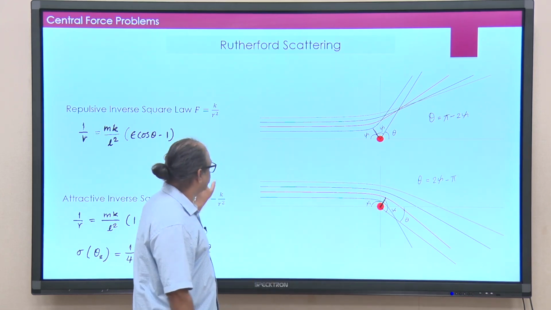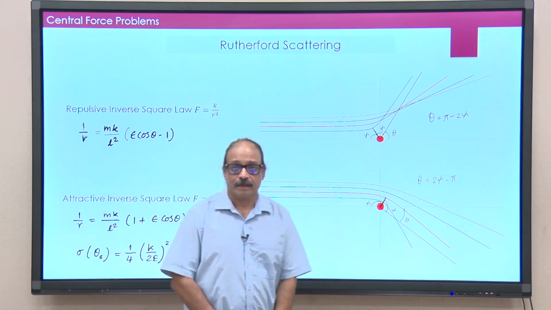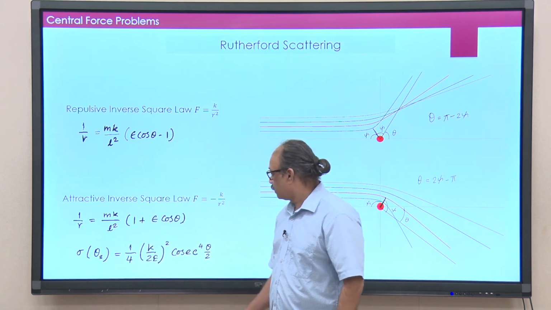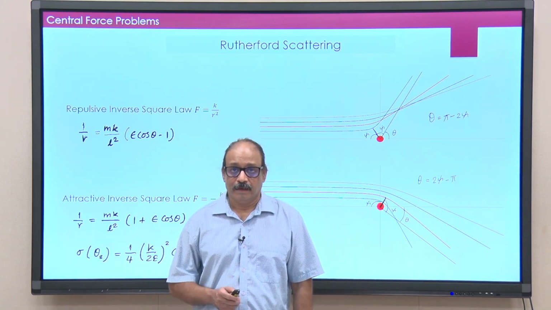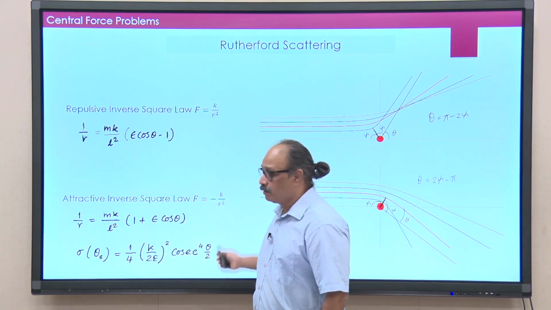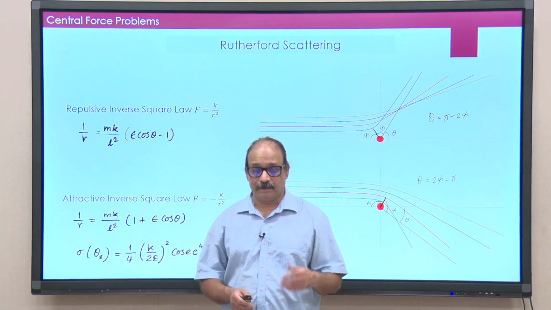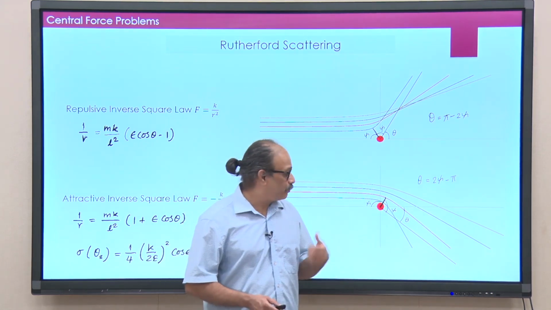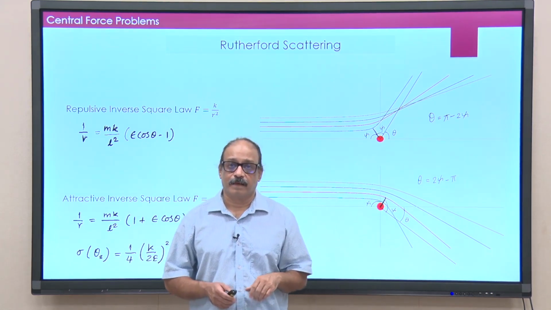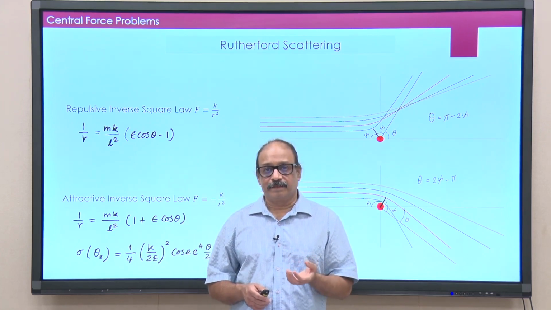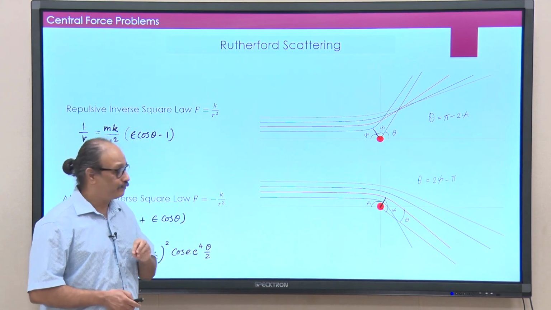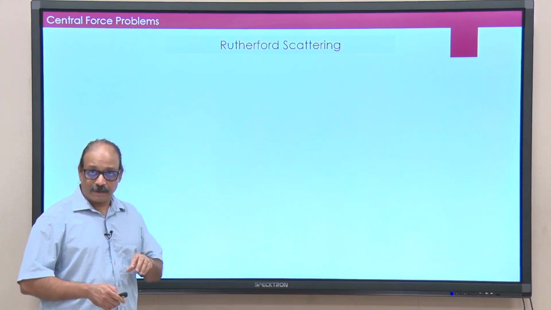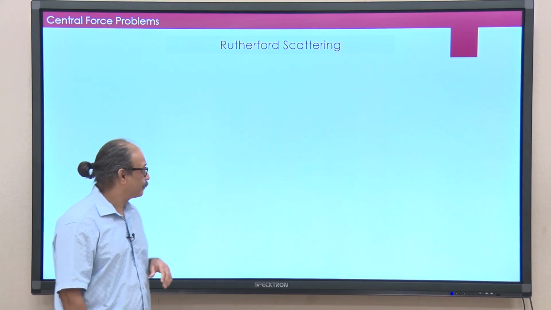So, the same considerations work everywhere, and you can calculate the differential cross section, which comes out to be the same. Now, while doing all this calculation and deriving the formula for differential cross section, we made a simplistic assumption, and I just want to discuss that part for a moment before I look at a few more examples of scattering.